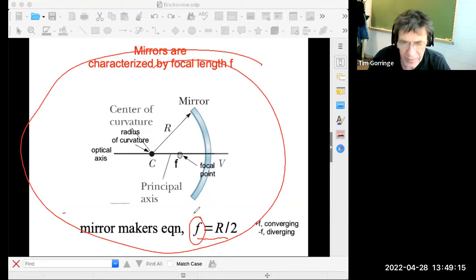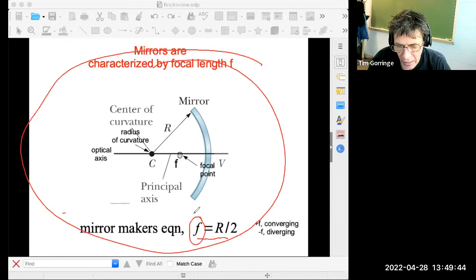So firstly, it has a sign. If the mirror converges the light rays towards the optical axis, then that converging mirror has a positive focal length. If it bends the light rays away from the optical axis, that's a diverging mirror, and that has a negative focal length. If it strongly converges, that would correspond to a small focal length.